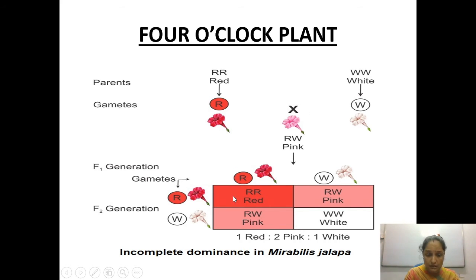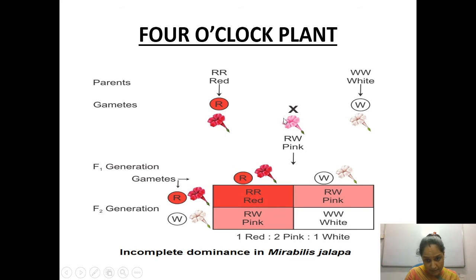Here, this is a Punnett square which shows one having the red flower. The Punnett square you will get when you make a cross between the red and the white flower. So this one in the F1 generation you got, and now here red with white, one red you got, one pink also here, and one is white. And this you will be getting in the F2 generation. How will you get the F2 generation?